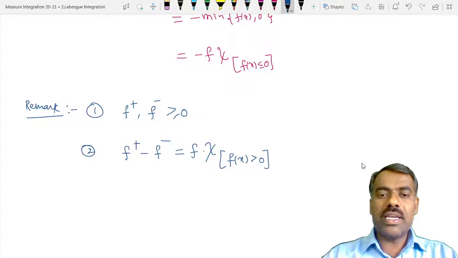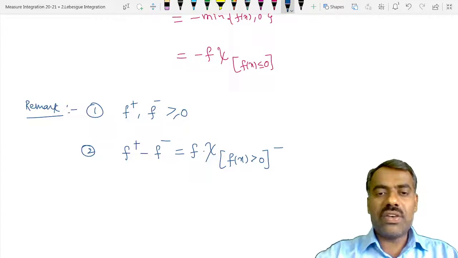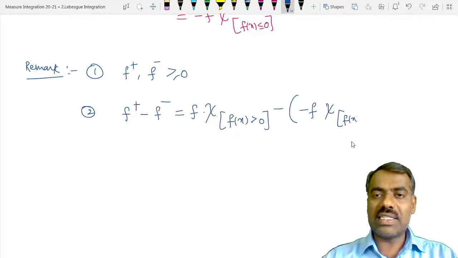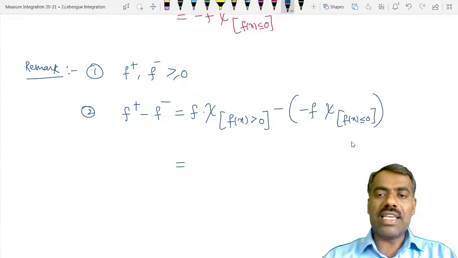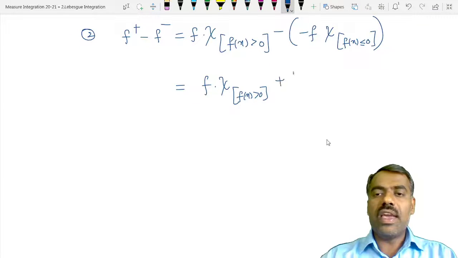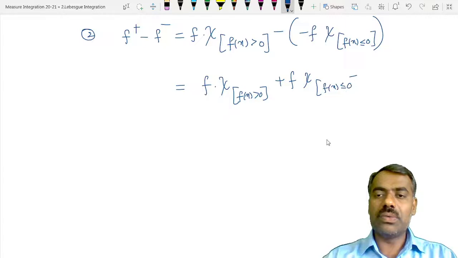Okay, then minus, what is your f minus? It is minus f times characteristic function of f of x less than or equal to 0. Is this clear? This is the same as minus of minus, this will become plus. Okay, so this is f times characteristic function of f of x greater than 0, right, plus f times characteristic function of f of x less than or equal to 0.